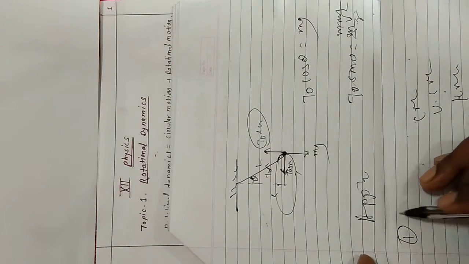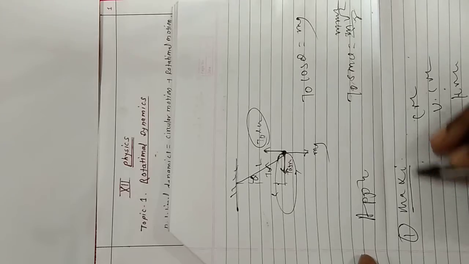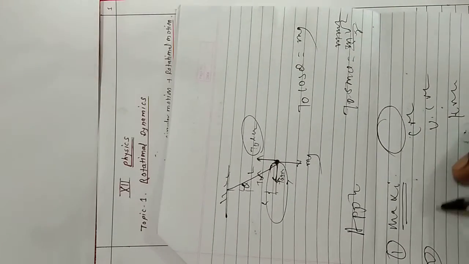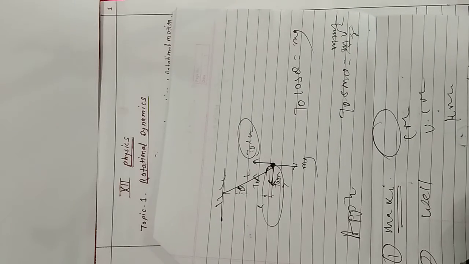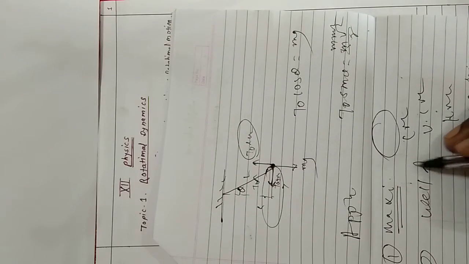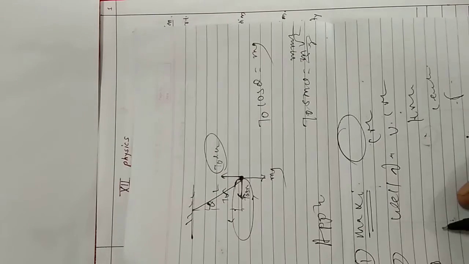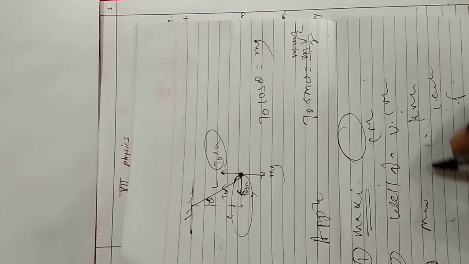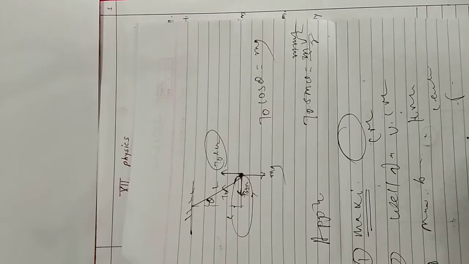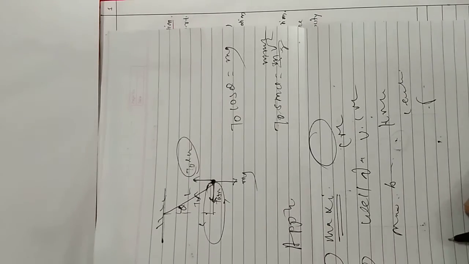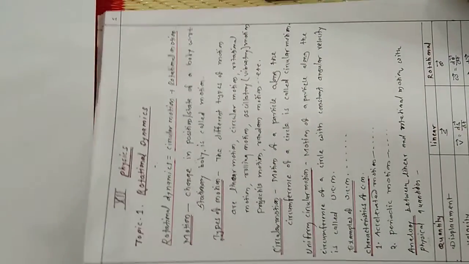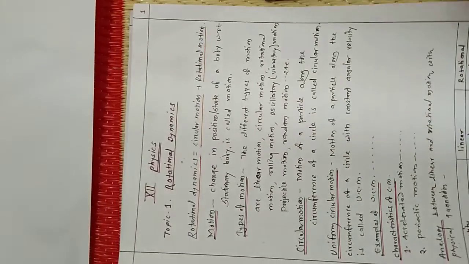Our first application is the maximum speed of the vehicle on the horizontal curved road. Second application is the minimum safety speed of the vehicle in the well of death. And third application is the maximum safety speed of the vehicle along the banked curved road. And the last application is the conical pendulum. So up to this point we have studied these different articles.